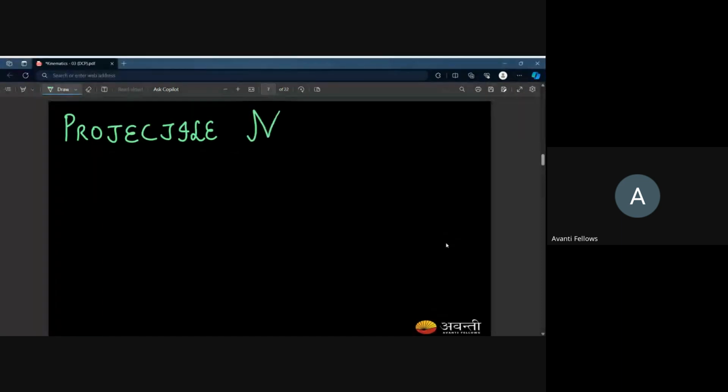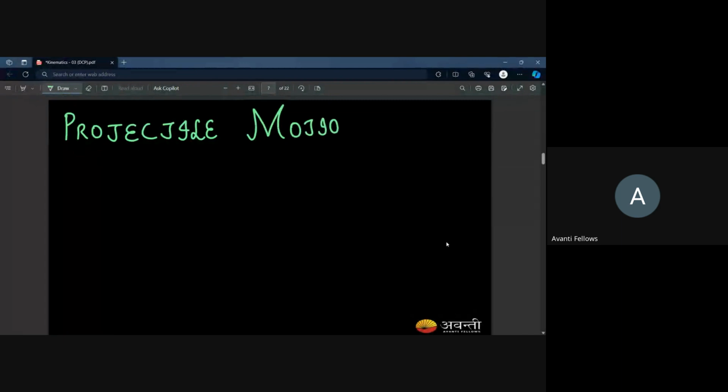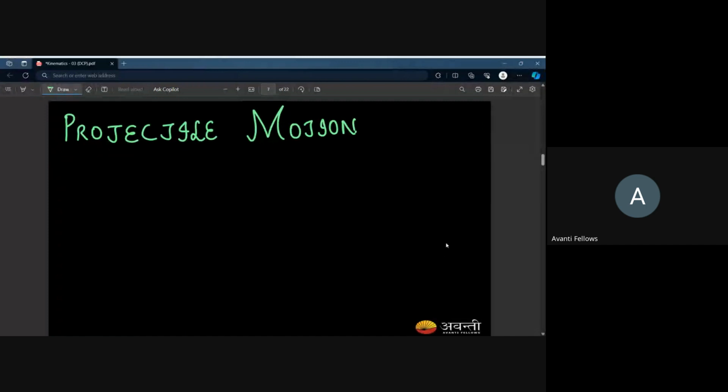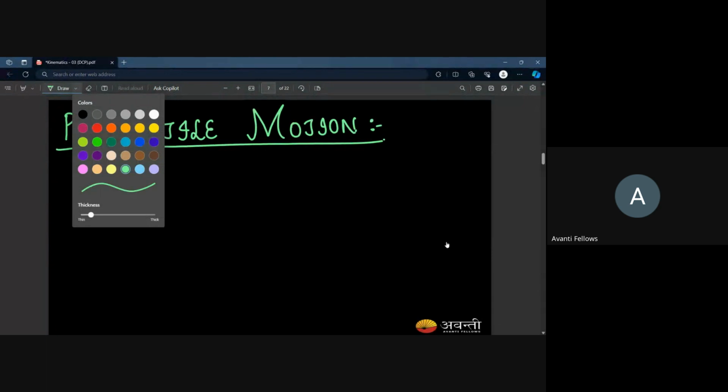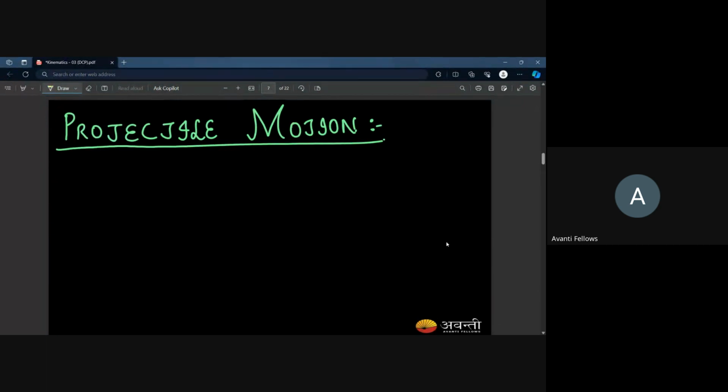Now let's come to the topic, which is projectile motion. Projectile motion is basically motion under gravity.